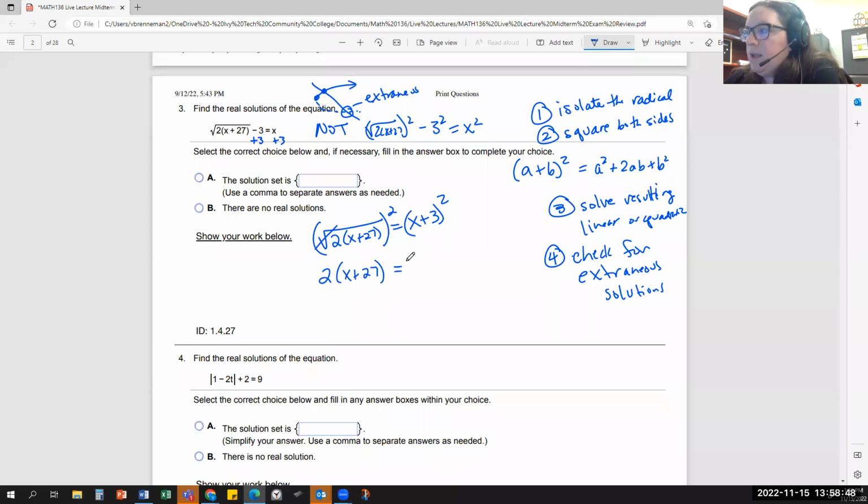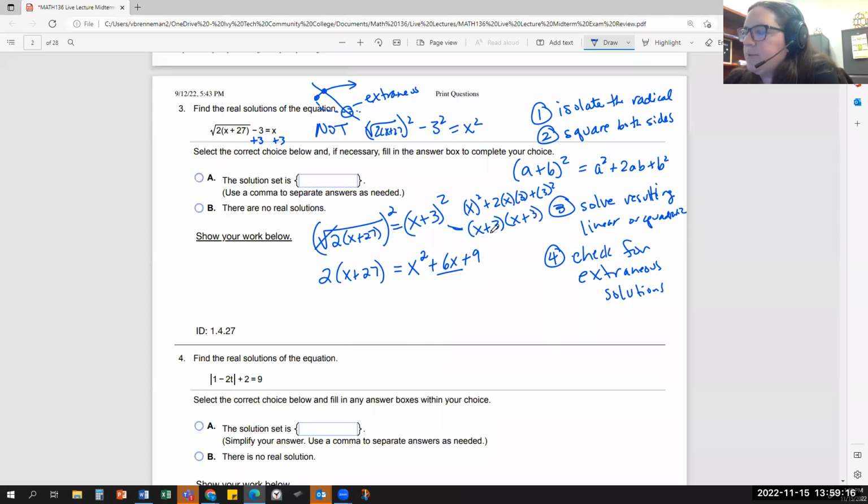Squaring x plus 3, again, you have to have the correct process for squaring the binomial. It's not just going to be x squared plus 9. It's x squared plus 6x plus 9. So that's either square the first thing, plus 2 times the first thing times the second thing, plus the square of the second thing. Or if you're more comfortable writing it out, squaring something is multiplying it by itself.